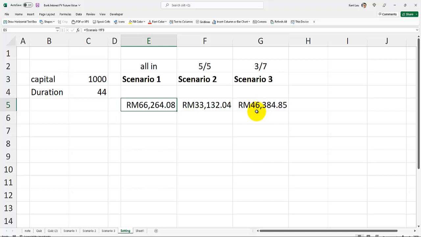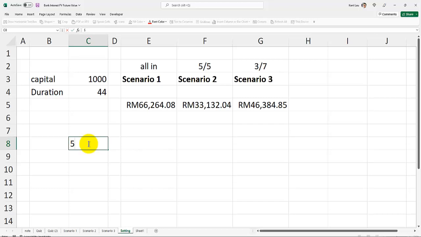Now, is it very hard to save 1,000? Well, if 1,000 is very hard to save, then you can start with something like a day. Let's say a day you can save 5 ringgit. So after 30 days, how much do you get?